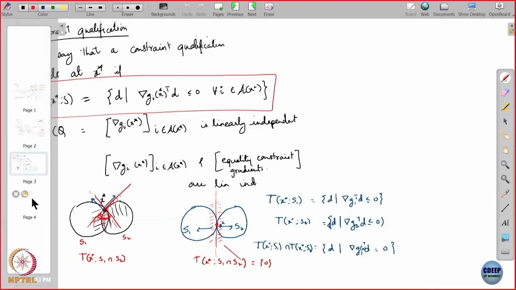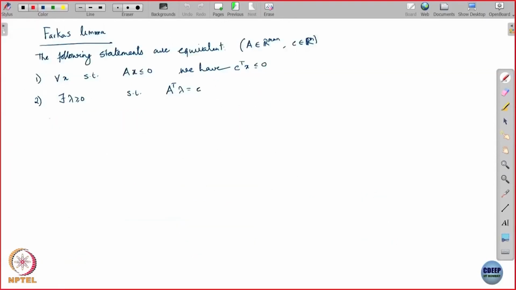Let me summarize this. Consider once again this optimization: minimize function f subject to g_i of x less than or equal to 0 for all i going from 1 to m, and let S be the feasible region.